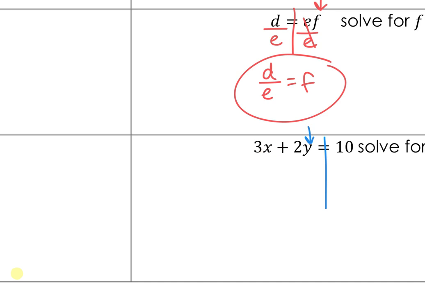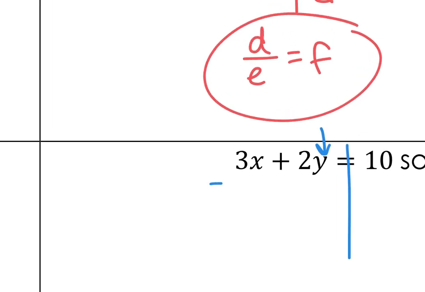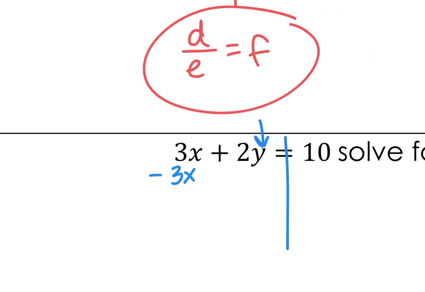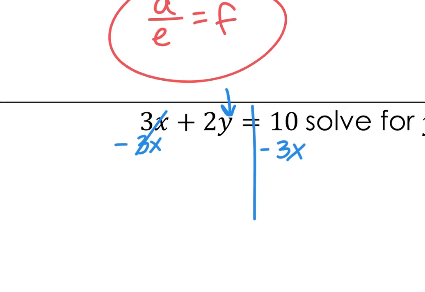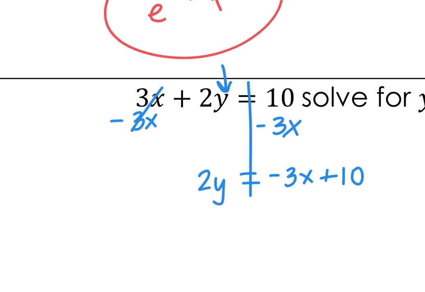And again, this 3x is being added, so we are just subtracting 3x. So that we are left with 2y is equal to, once again, these are not like terms, so I'm just going to rewrite it as negative 3x plus 10. I still have both terms over there. Or you can have 10 minus 3x, however you want it. I just like it to look like y equals mx plus b.